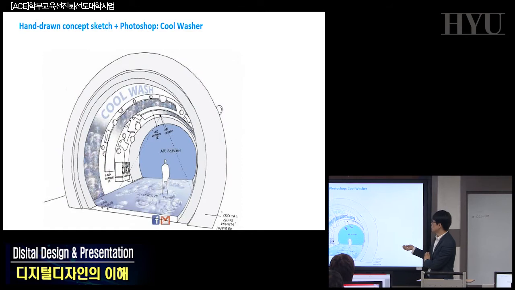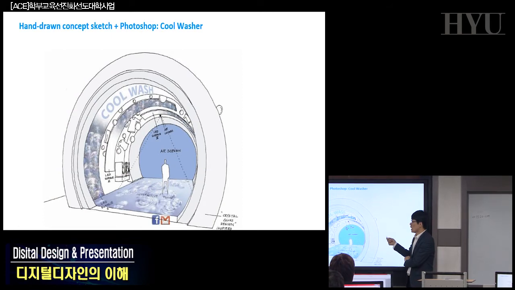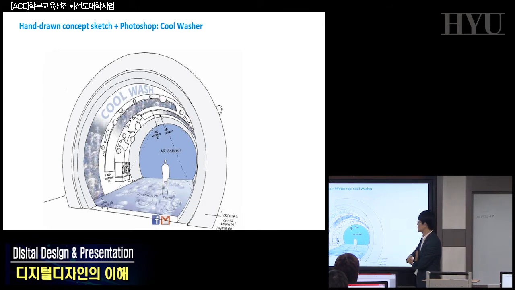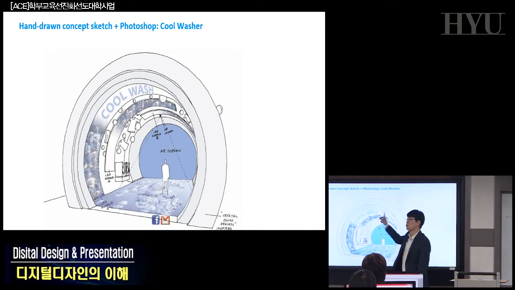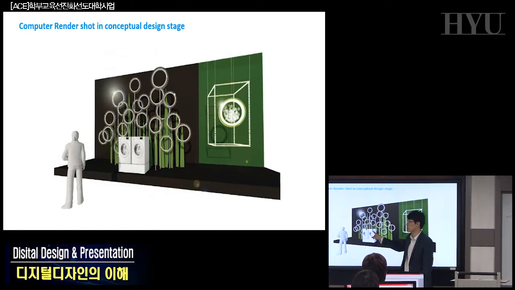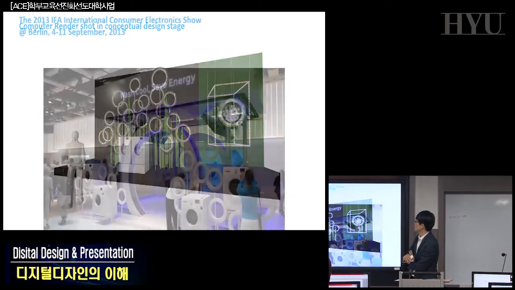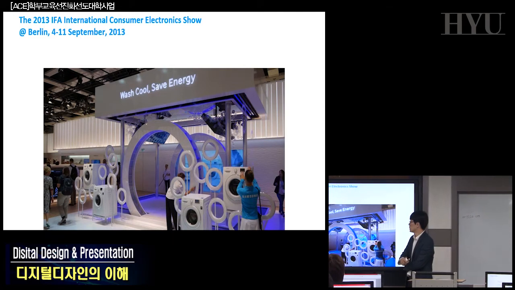Next example, the Cool Wash new washer. The main feature of this washer is that it's cool-water enabled. No need to use hot water. So Cool Wash is the main keyword. He drew this one using the door of this washer. This circular door design object is the motif for visualizing and exhibiting this one here. And this is the actual implemented example picture.